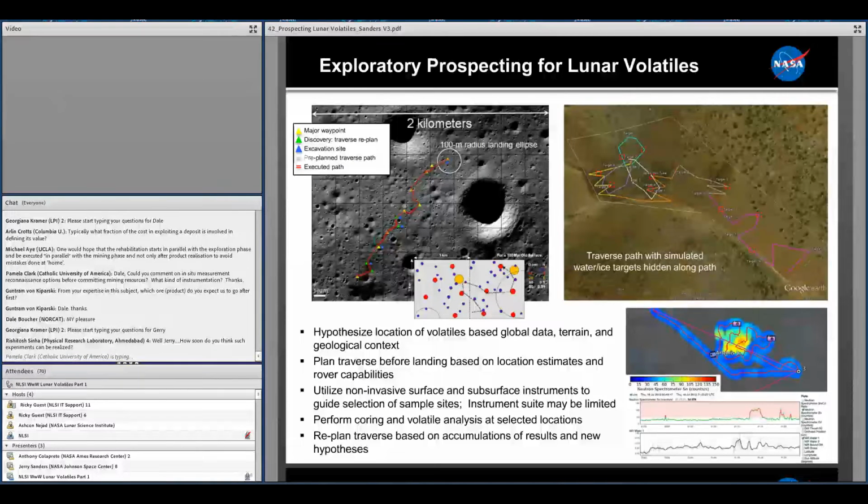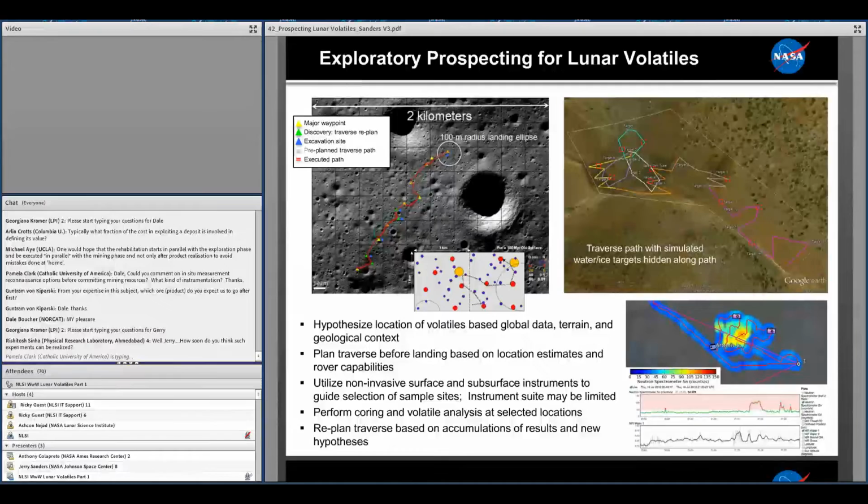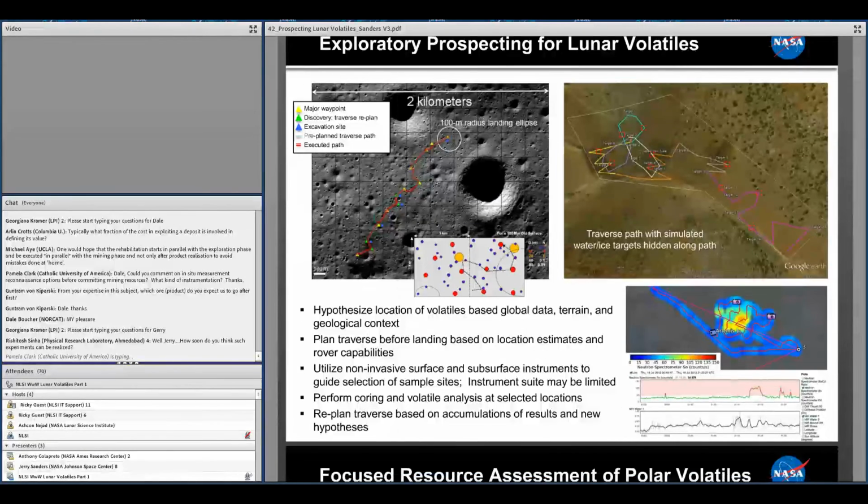And then I've broken down each one of the phases into a little bit more information, showing that, for example, we performed a field test in Hawaii in July of 2012, looking at how you would perform this early prospecting exploratory evaluation of lunar volatiles over a 1 kilometer area with augering and drill core assessments.